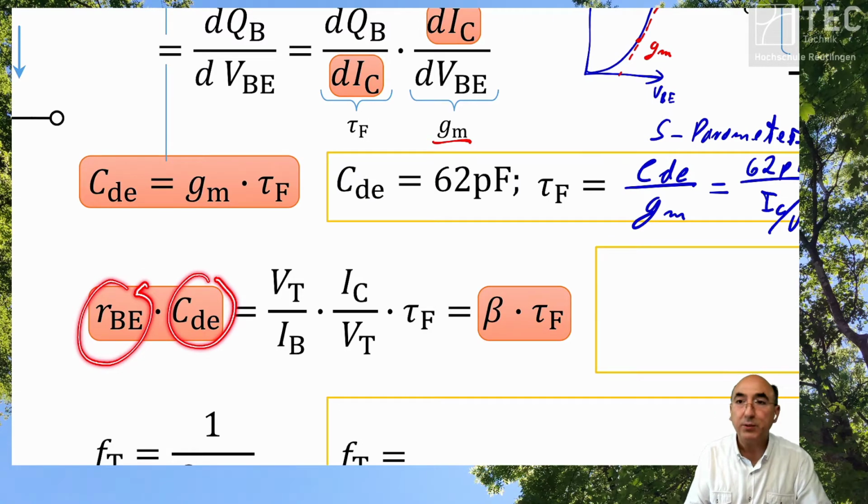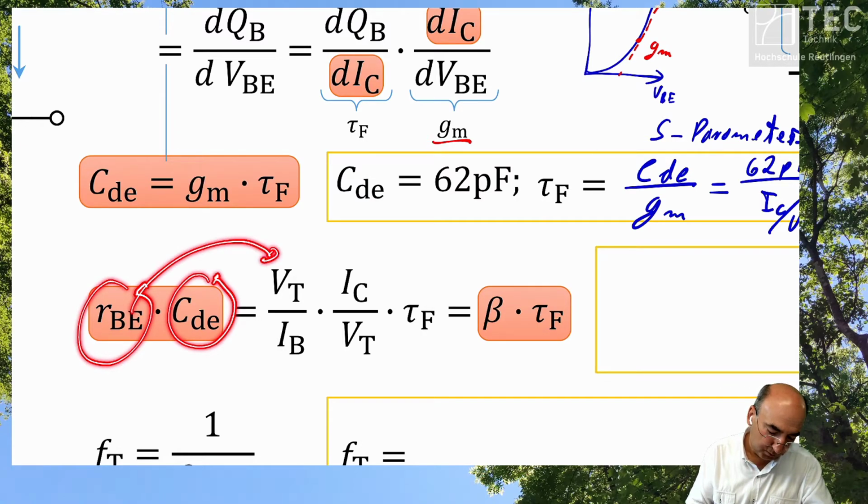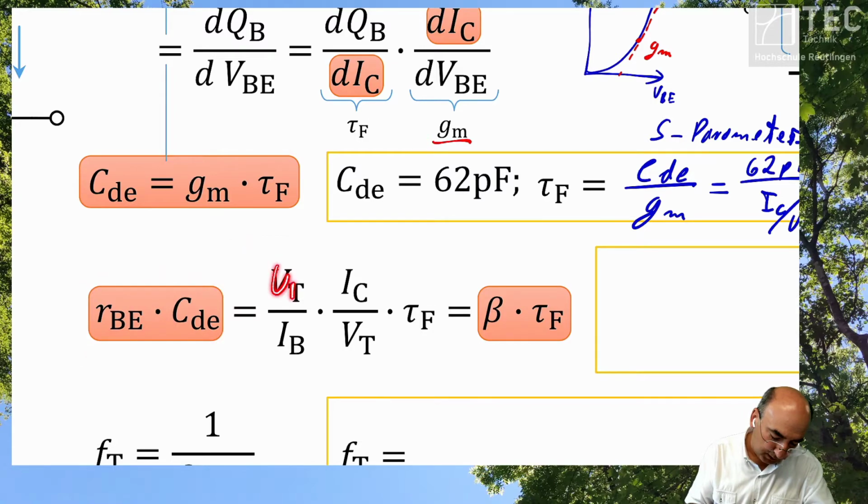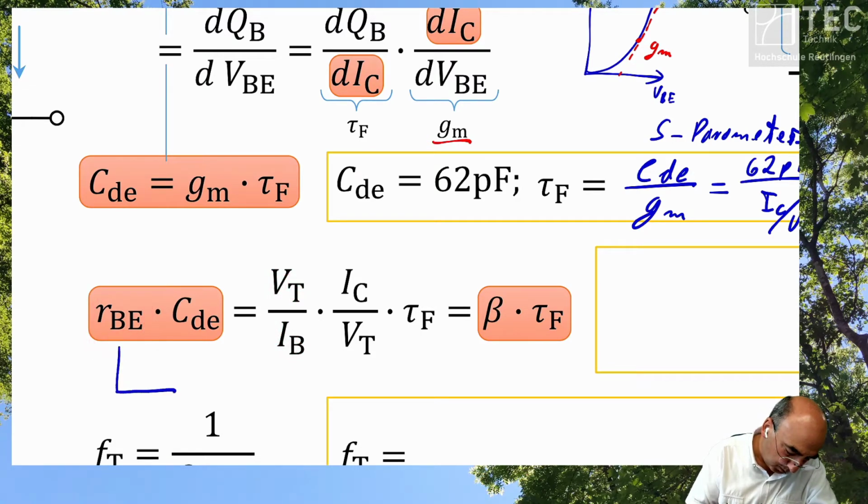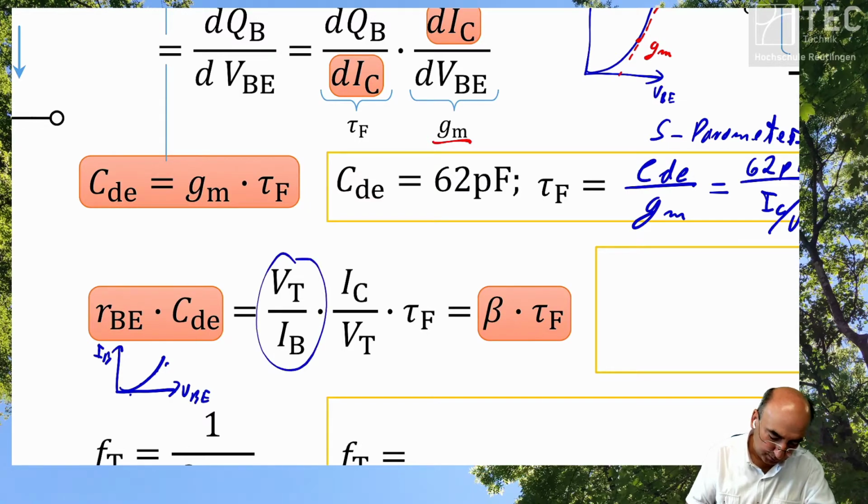Diffusion charge, you say I don't know the operating point. Then you put in the equations. It's VT divided by IB. That's RBE. You know, from this slope, VBE, IB. So this is the equation for that.